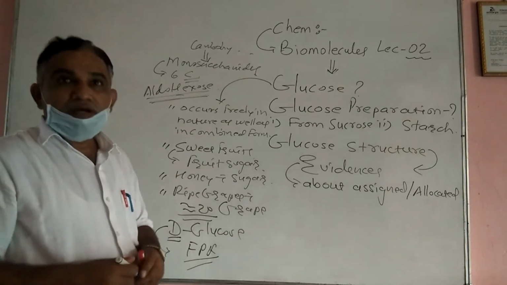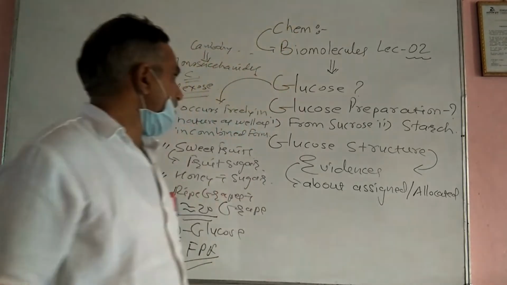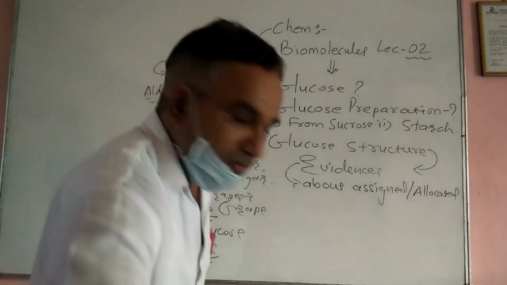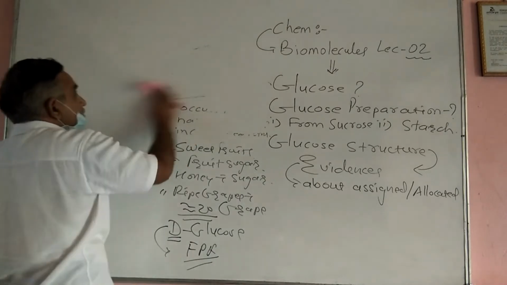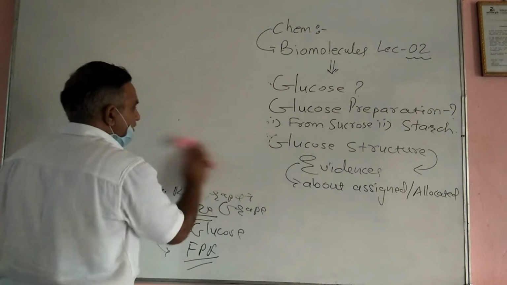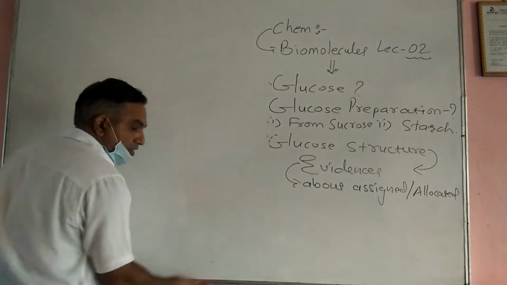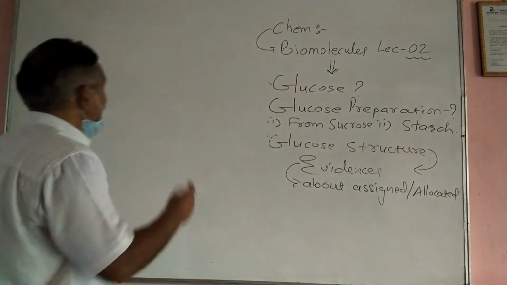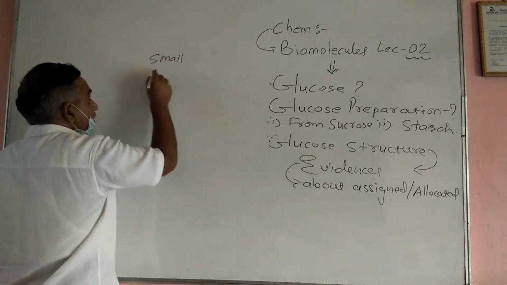Then we will see how glucose is prepared for our necessities. After knowing this little bit about glucose, we want to see the methods for glucose preparation. It is possible for you to obtain glucose on a small scale, as well as large scale production.